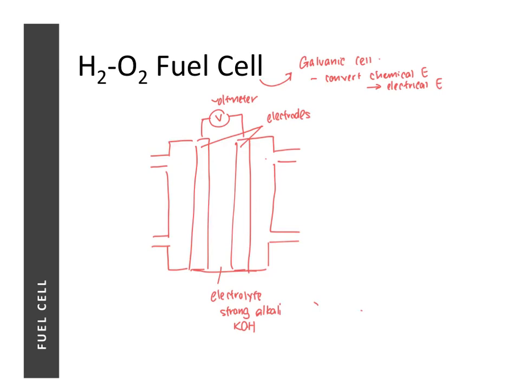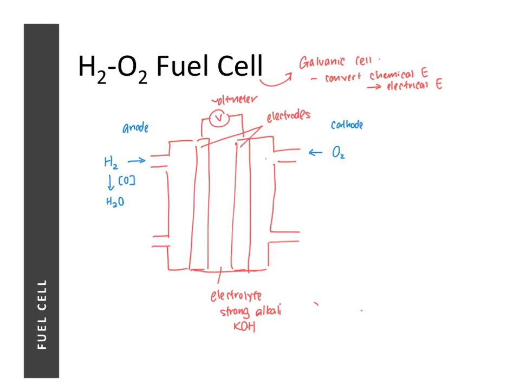Okay, so in a hydrogen oxygen fuel cell, what's going to happen is that we're going to flow hydrogen in at the anode. Alright, and then we're going to flow oxygen in at the cathode. Now what is going to happen is this: at the anode, hydrogen is going to be oxidized to form water.